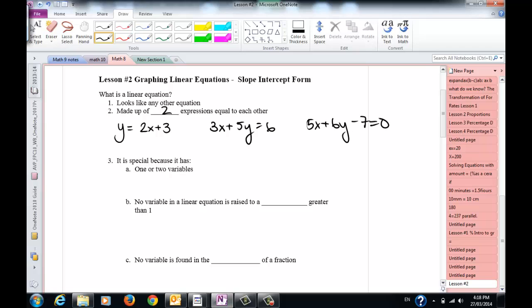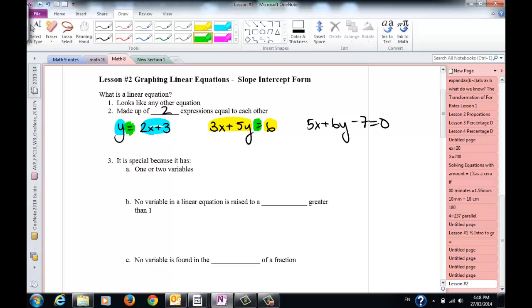Okay, so these are all examples of linear equations. They're two expressions, 1, 2, and there's an equal sign in between them.